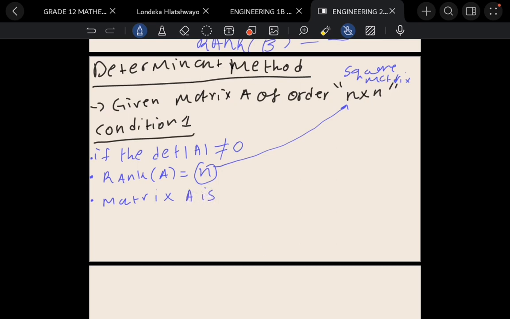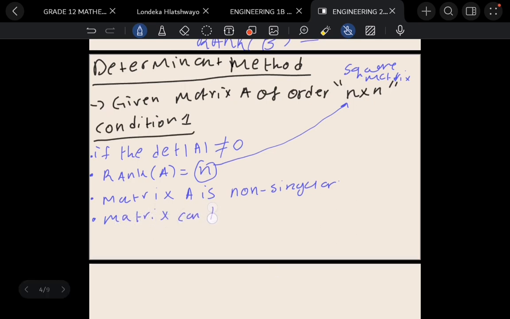And the matrix A is non-singular, and matrix A can take an inverse. This matrix can take an inverse because we are going to the concept of diagonalization.